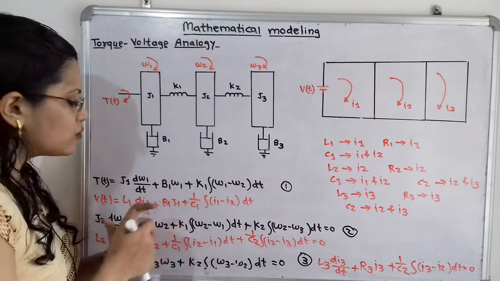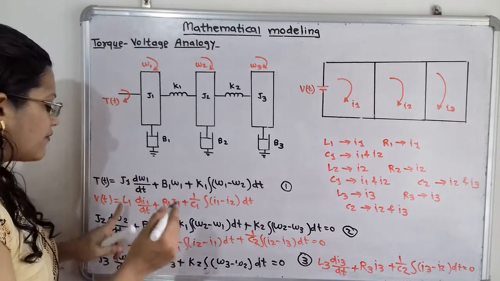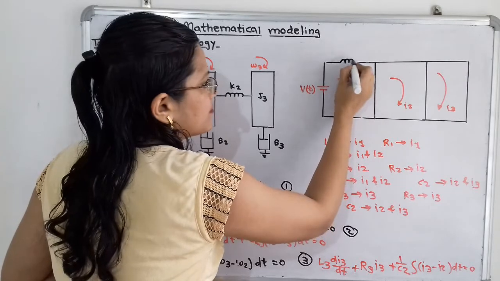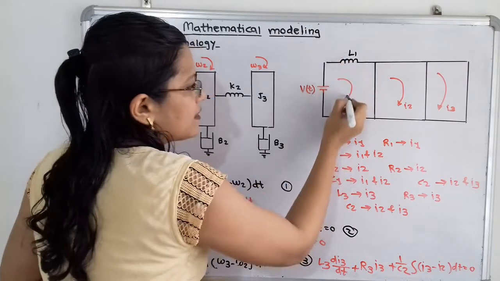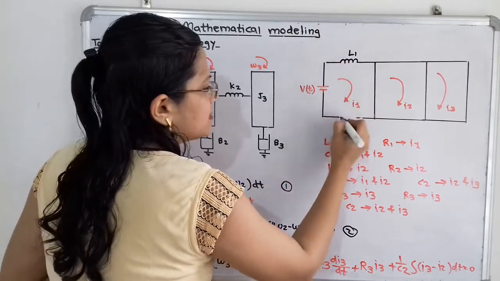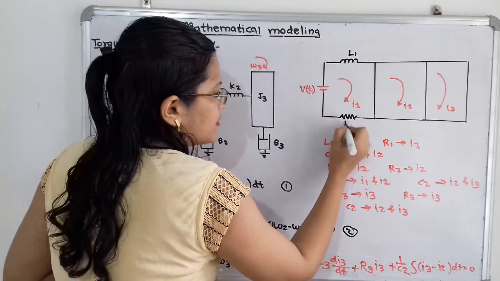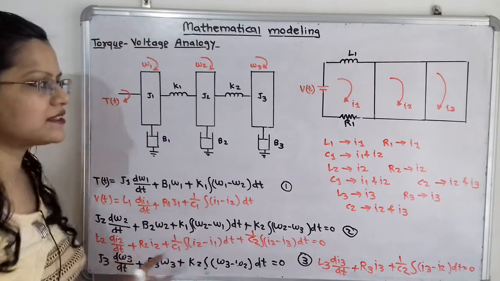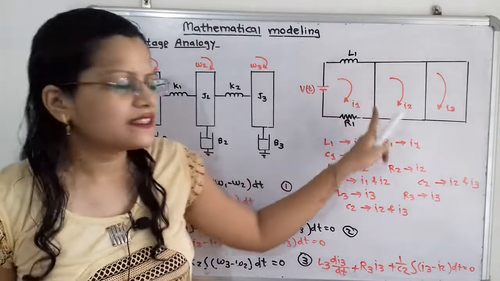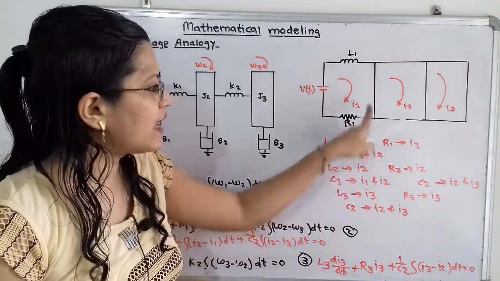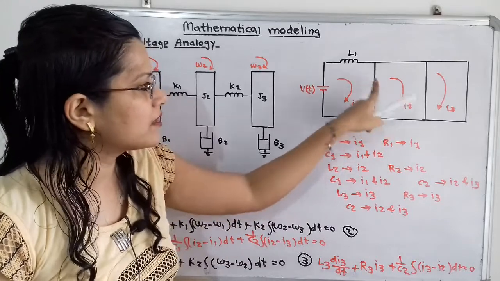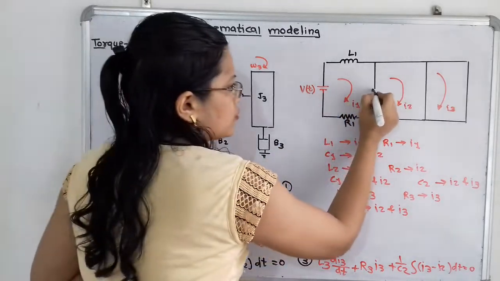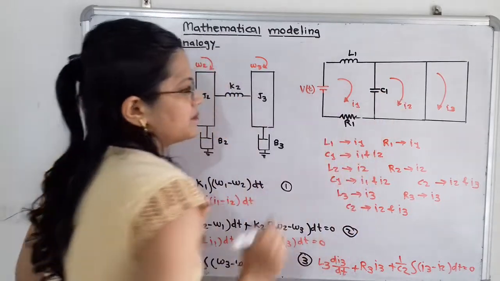So I have to draw this circuit. I will show inductor L1 having current I1, then resistor R1 also having current I1. Now what about capacitor C1? It has both the currents I1 and I2. So these two are parallel loops and we have to show the capacitor C1 here.